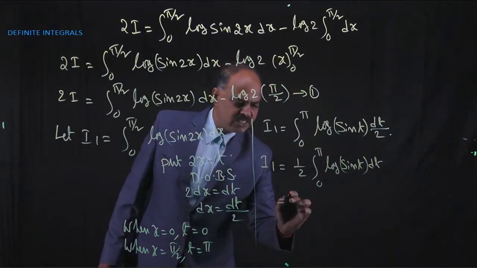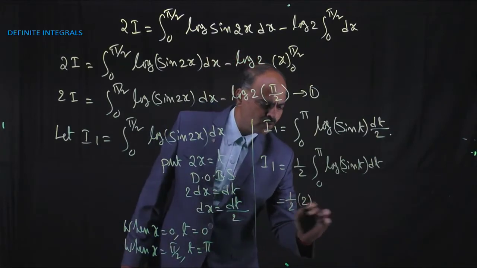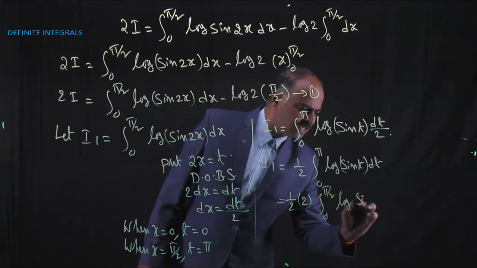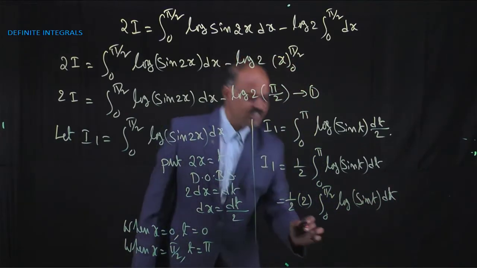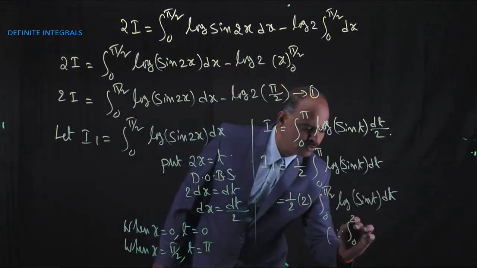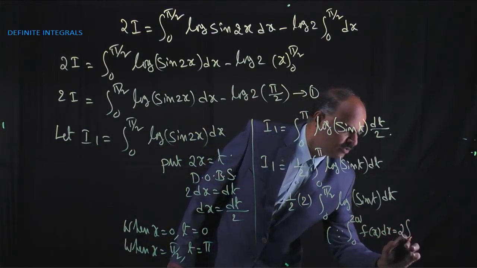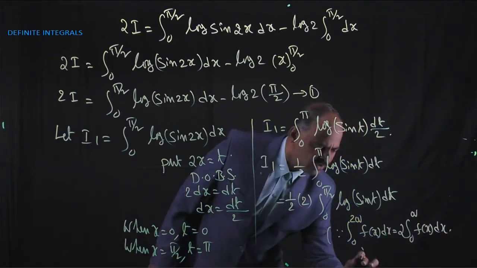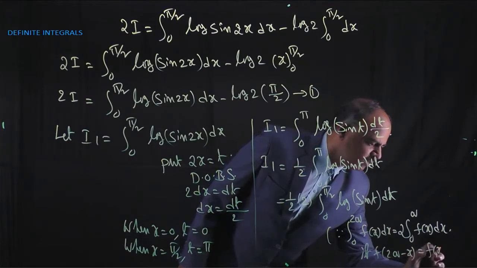This can be written as 1 by 2 into 2 times integral 0 to pi by 2 log sin t dt, since integral 0 to 2a f of x dx equal to 2 into integral 0 to a f of x dx, if f of 2a minus x equal to f of x.